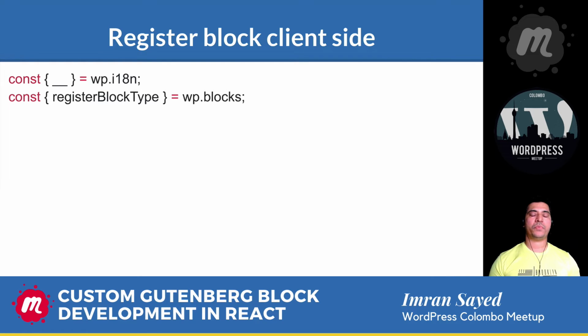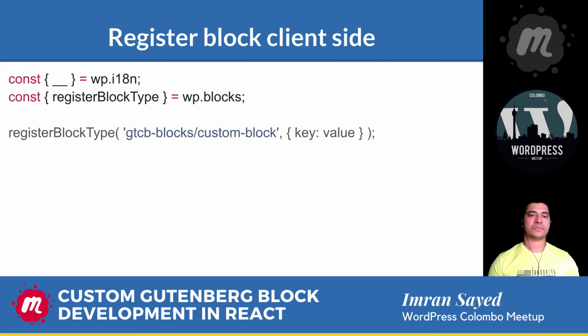And then we pull the registerBlockType function from wp.blocks, and then we register the block type. You can also import it from the @wordpress/i18n package as well, which I will show you in a moment. So both ways are available.